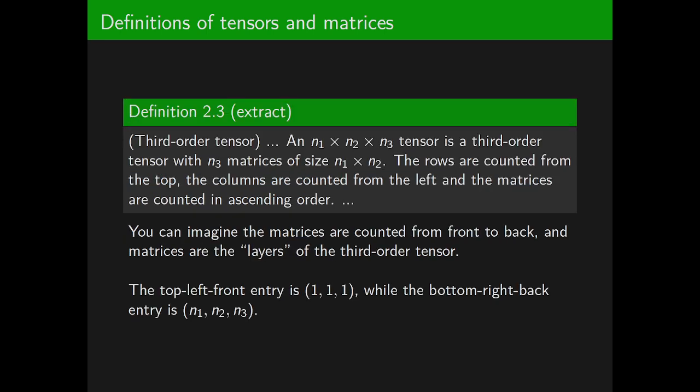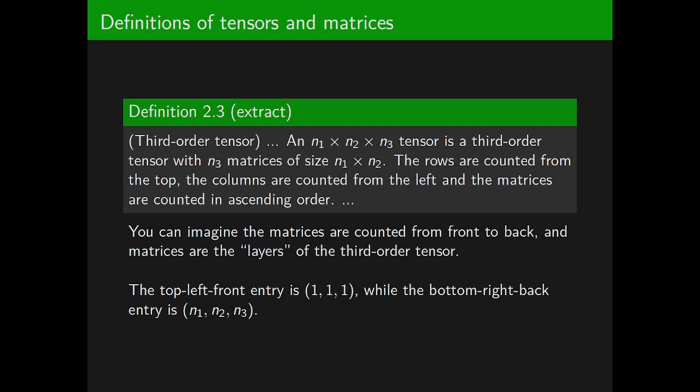The second part I want to highlight is the size of the third order tensor. We say the size of the third order tensor is n1 by n2 by n3. What does it mean?